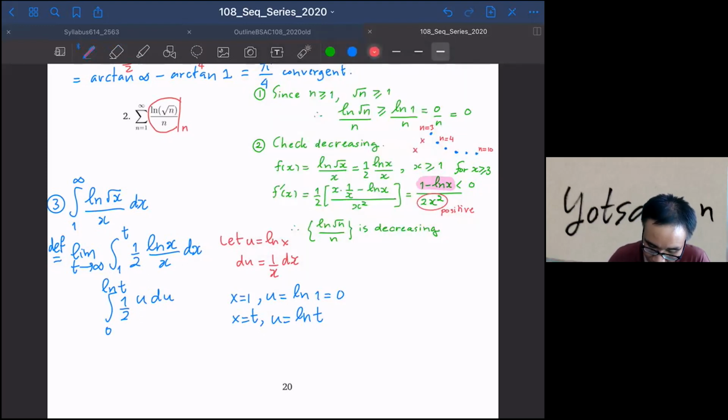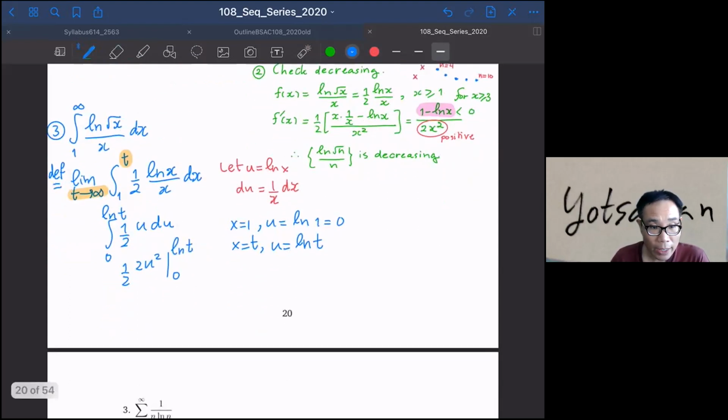Let me highlight some color to give you some guideline. For this one, we integrate u, so it's going to be 1/2 times u squared over 2, from 0 to log t. The 2s cancel, so it's going to be log t squared minus 0 squared, and you take the limit as t goes to infinity.